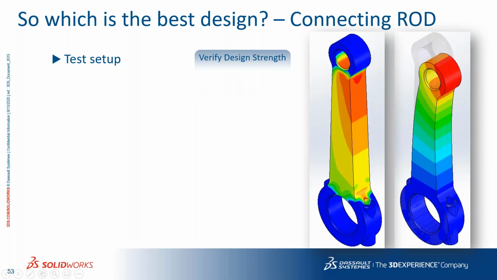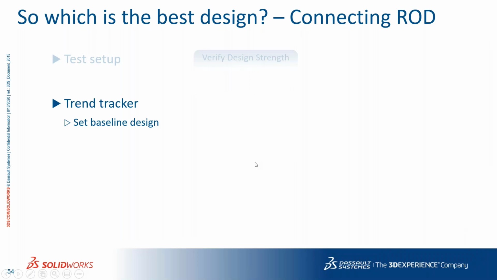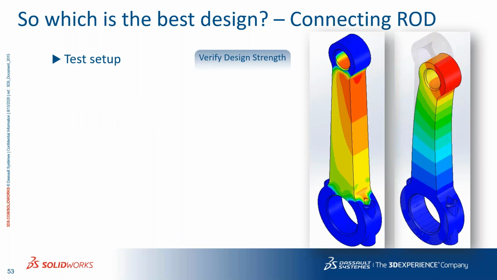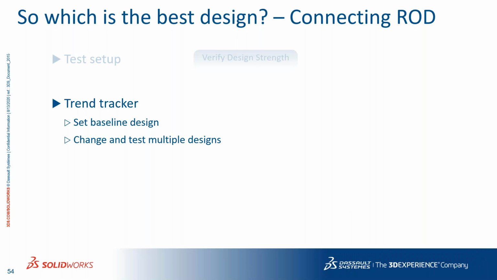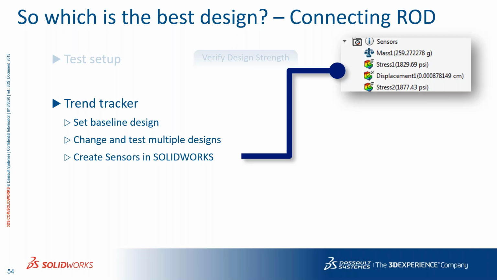So what you have seen now, we wanted to verify the design strength of this connecting rod. So we have used the trend tracker now. We have set the baselines, and we have made multiple design changes. And how do you note it down? We note it down using the sensors.